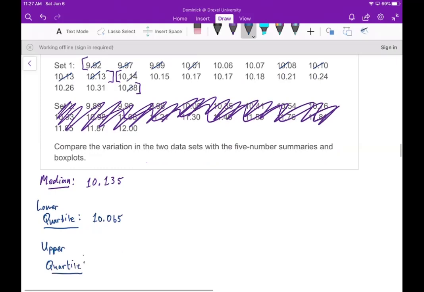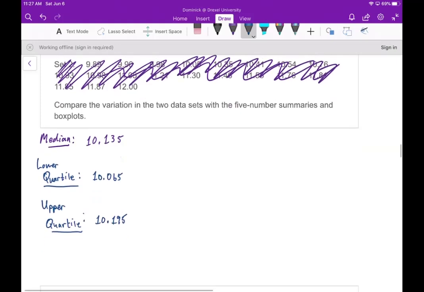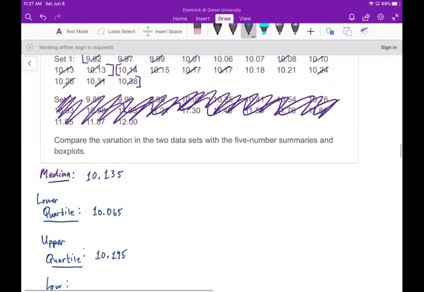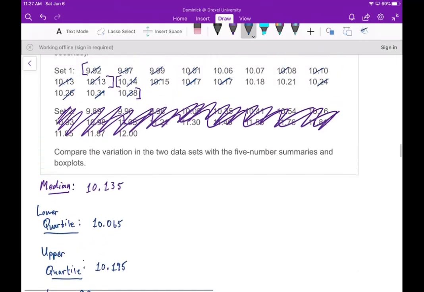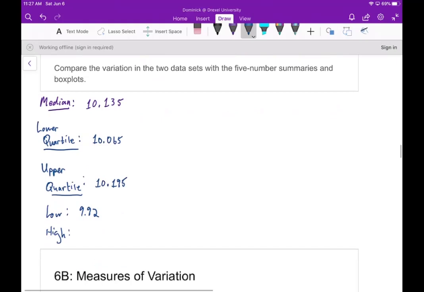If I go low, high, looks like we're going to end up with 10.18 and 10.21. So if we average those together, we'll get 10.195. And then, of course, we can say that our low and our high value are 9.92 and 10.38.